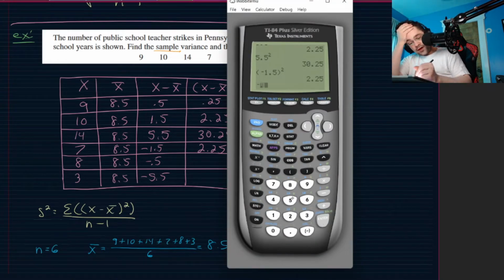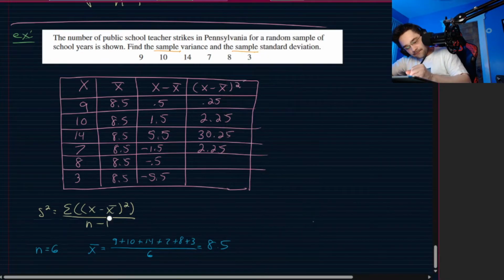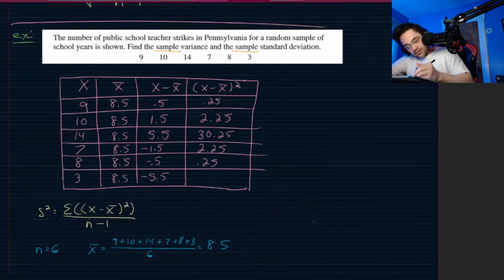Negative 0.5, I should put that in parentheses. I did that one already. I forgot to square it. Negative 0.5 squared, it's 0.25. This last one's going to be 30.25.